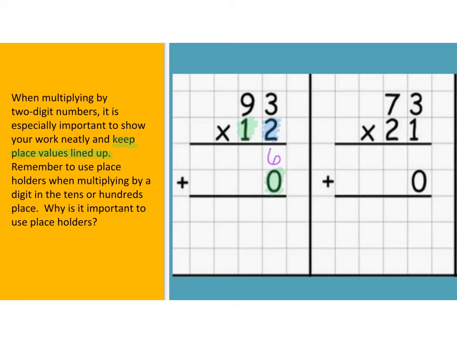I'm going to put the 6 right below the 2. 2 times 9 in the tens place is 18. Since there's no digit in the hundreds place to multiply by, I'm also going to put the 1 in the 18 down below in my answer.